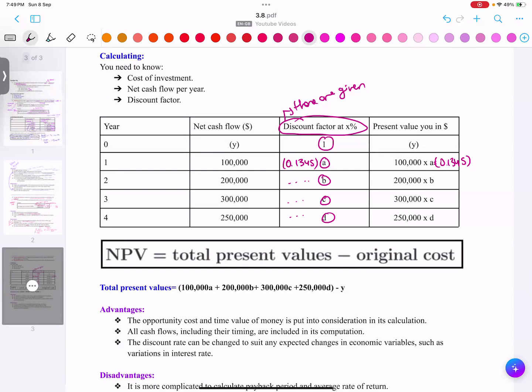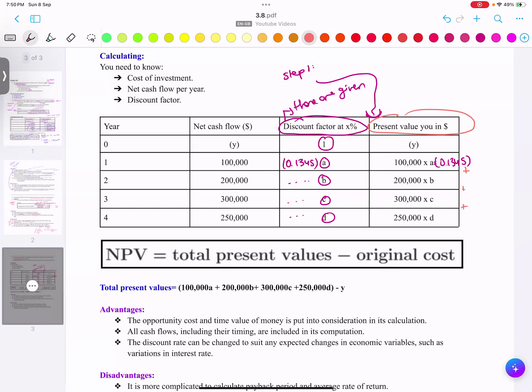So this is step 1: doing this step where you multiply and you get your present values. After you get your present values, you add them: year 1 plus year 2 plus year 3 plus year 4.